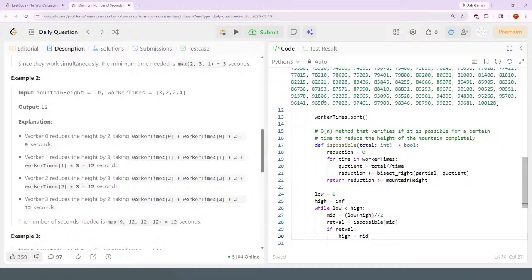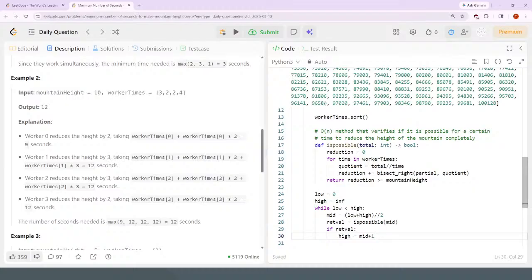So if they're adjacent, let's say low is 5, high is 6. Mid would be at 5. I want to say this should be mid plus 1.